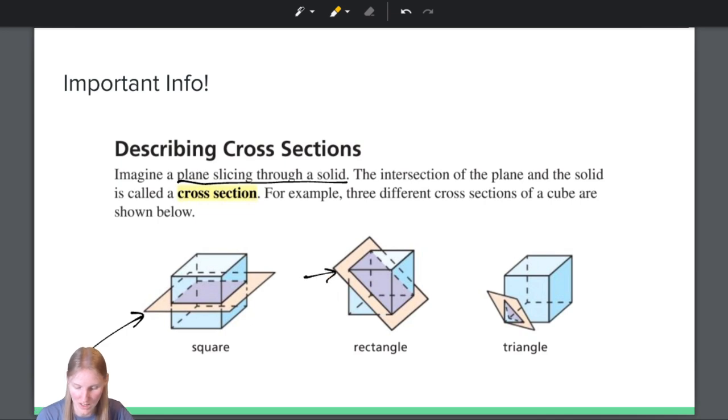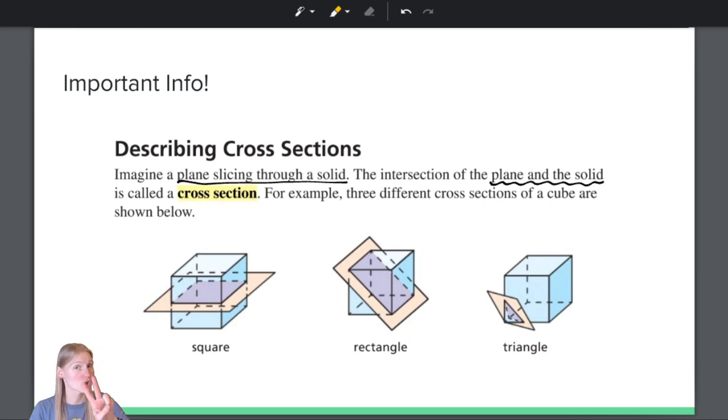So this yellowish color is a plane that we're using to cut, and the purple section in the middle is the cross section that we get after we have done the cutting. So, the intersection of the plane and the solid is called the cross section.